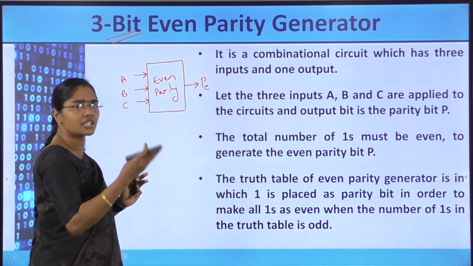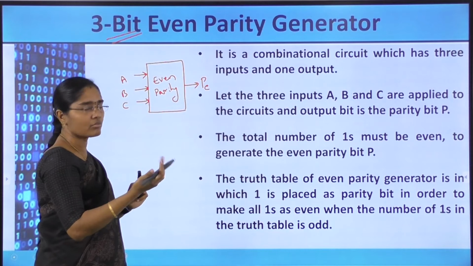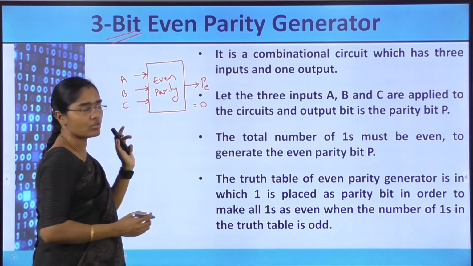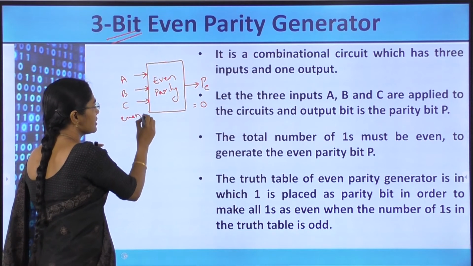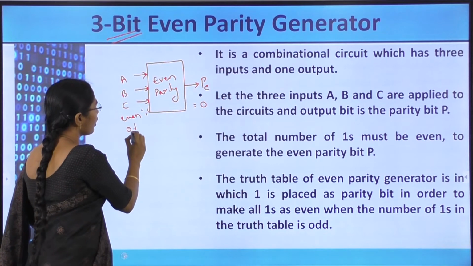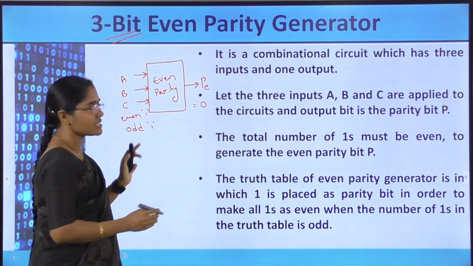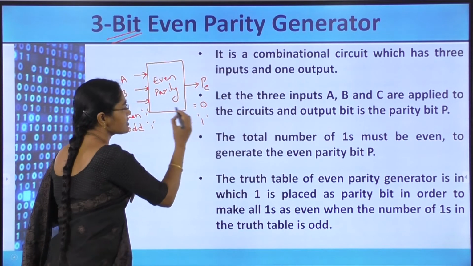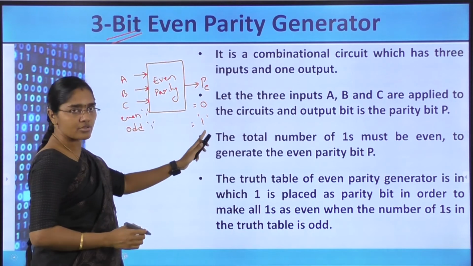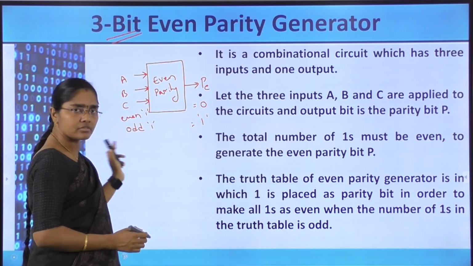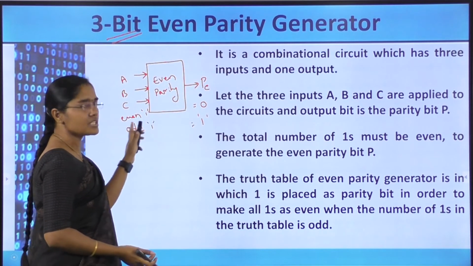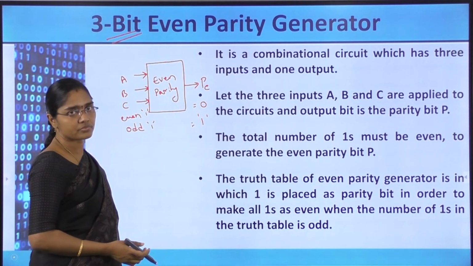If the ABC bits have an even number of ones, this generator will give output 0, and if an odd number of ones exist in the ABC bits, PE will be 1. So this generator produces output 1 if the input ABC bits contain an odd number of ones, and 0 when ABC consists of an even number of ones.